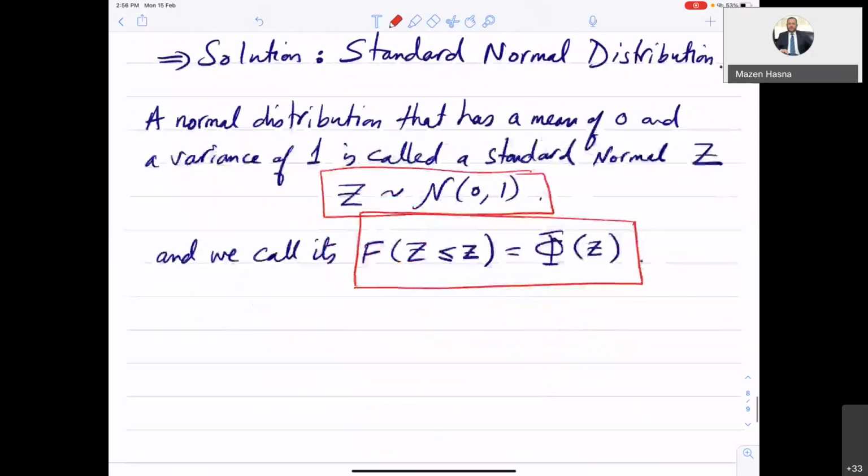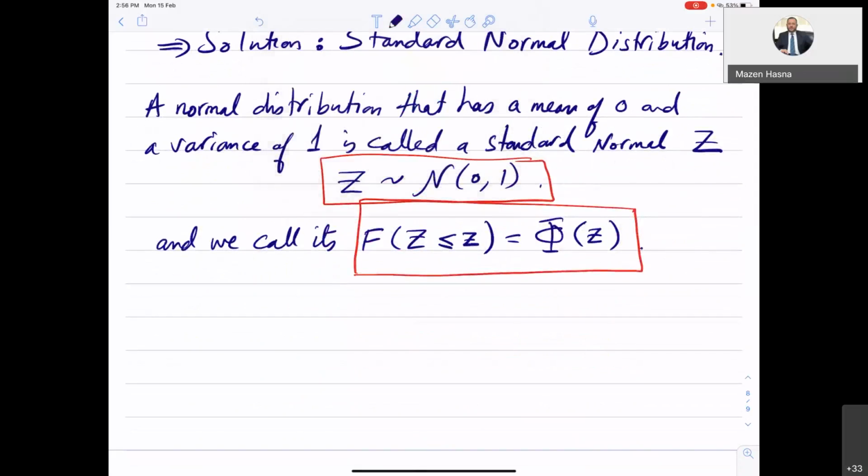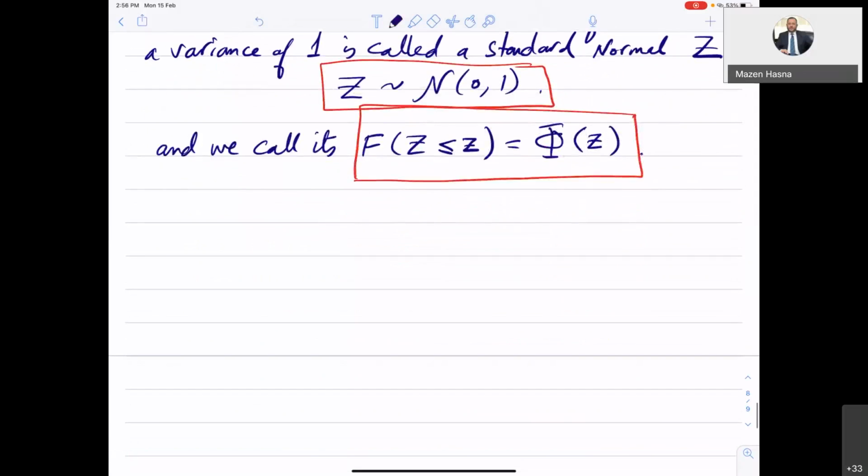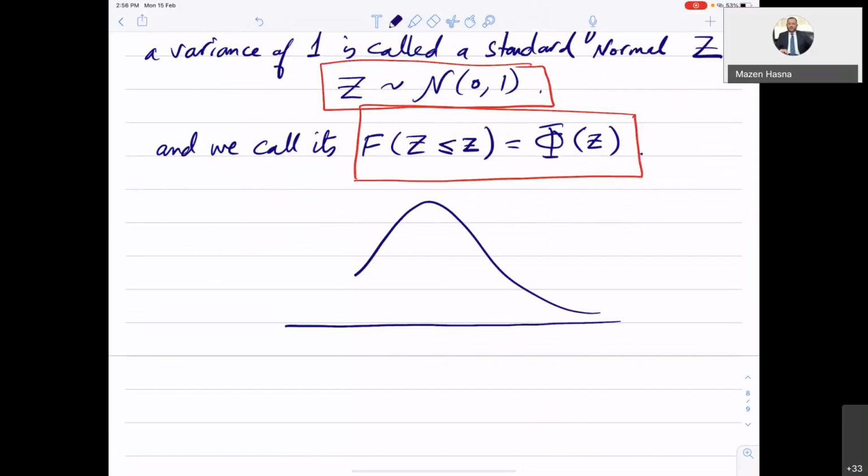So what does this mean? It means I have a certain normal distribution that is centered at 0, which has sigma of 1, sigma square of 1.